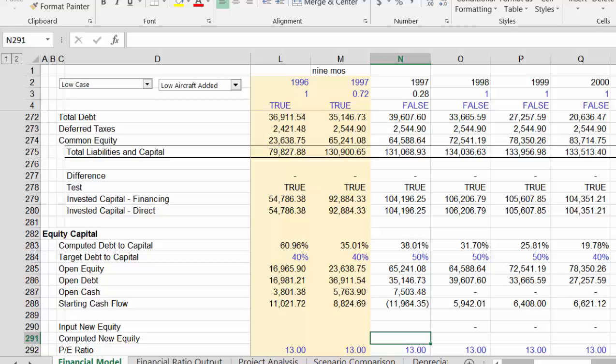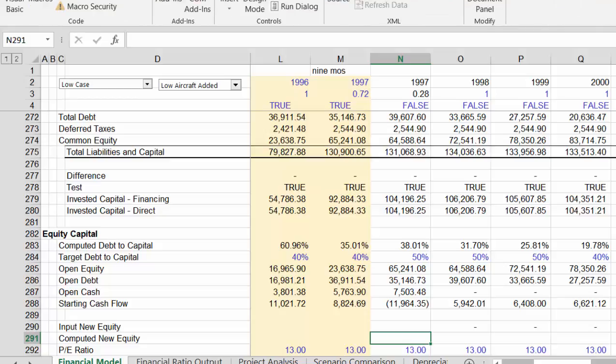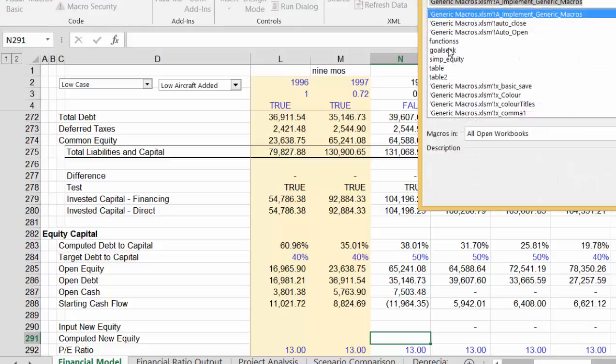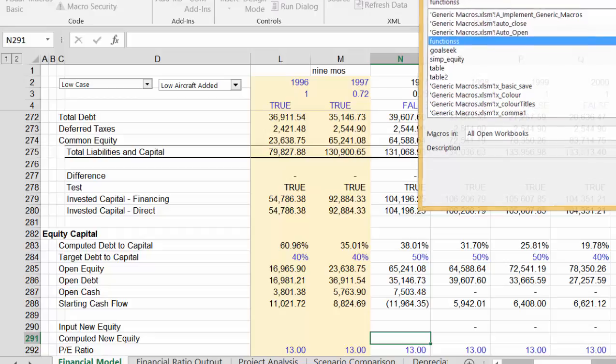The goal-seek function is going to take this computed debt to capital and make it equal to the target. Let's call it computed new equity. So let's go to the developer tab, and let's start making a function. And I've got some functions here.